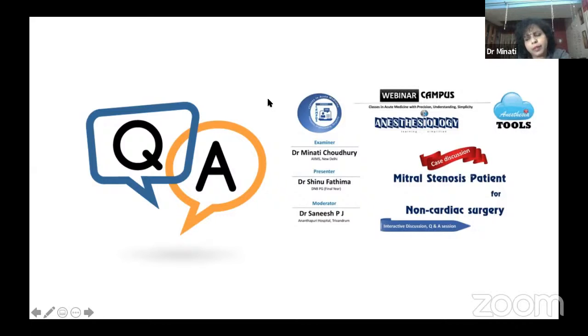Secondly, if it is a male more than 40 years or female more than 50 years, then it is a must. Also, if the patient has a history of ischemic heart disease or a family history of ischemic heart disease. These are the conditions in which one has to go for coronary angiography before proceeding for surgery, non-cardiac surgery as well.